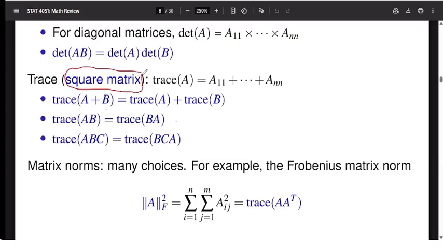And of course, the trace is just adding the elements in the diagonal, and that's why you see A11, A22, A33, until you get to ANN, which are the elements in the diagonal.